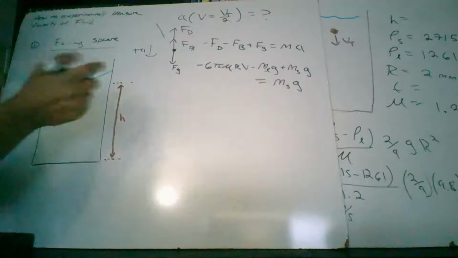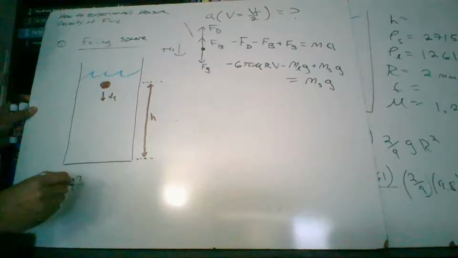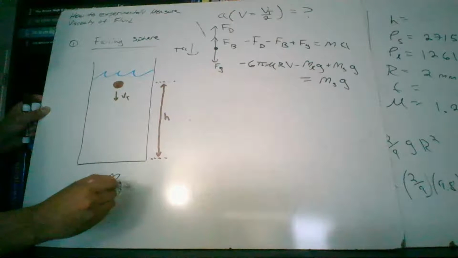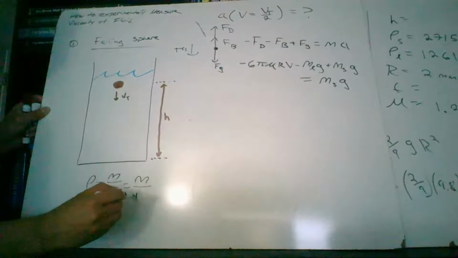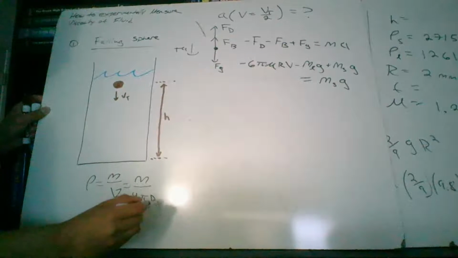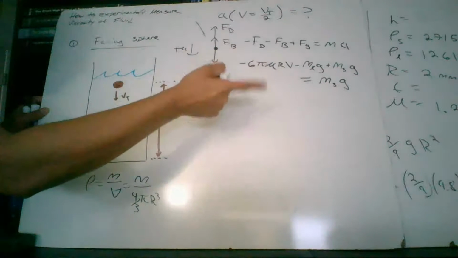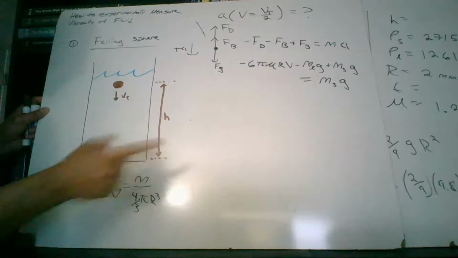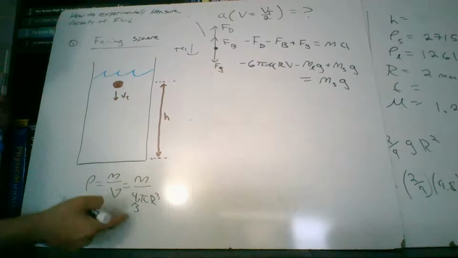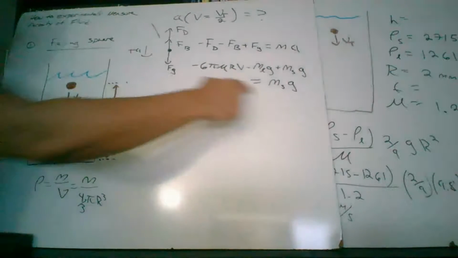What can we do next? Well, we have an equation for density. We know that density is equal to the mass over the volume, which is going to equal the mass over 4/3 pi r cubed. And the volume of the solid and the volume of the displaced water is the same. It's going to be given by 4/3 pi r cubed. So we can rewrite this equation.